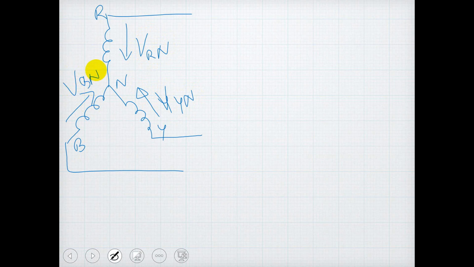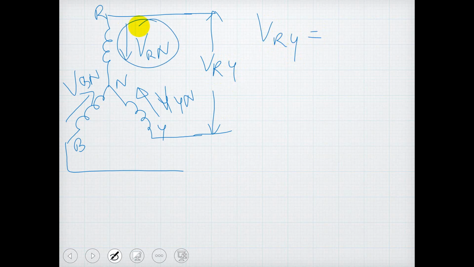Correct. So now if I want to write the vector diagram, now this is the line voltage, that is VRY. So VRY is the voltage. This plus this voltage is equal to this voltage. Correct.